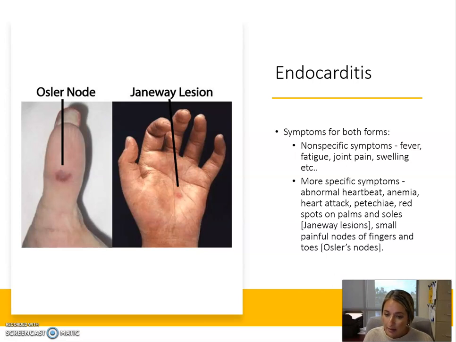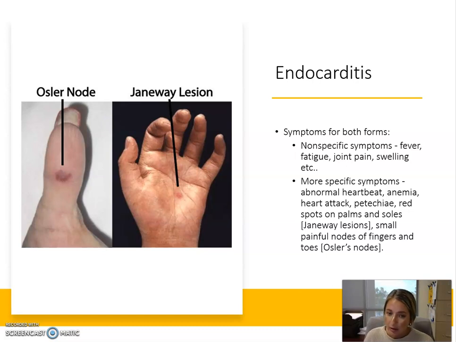So because of the bacteria growing on the heart valve, it could cause an abnormal heartbeat. It could potentially even cause a heart attack. Some of the bacteria that can cause this infection have hemolytic activity, so it could cause anemia due to destruction of the red blood cells.